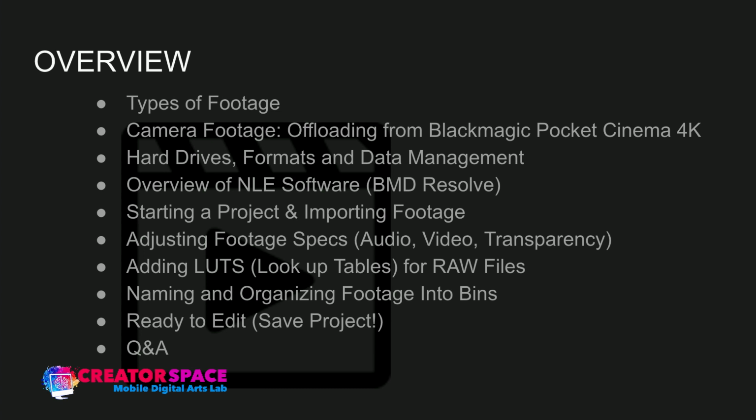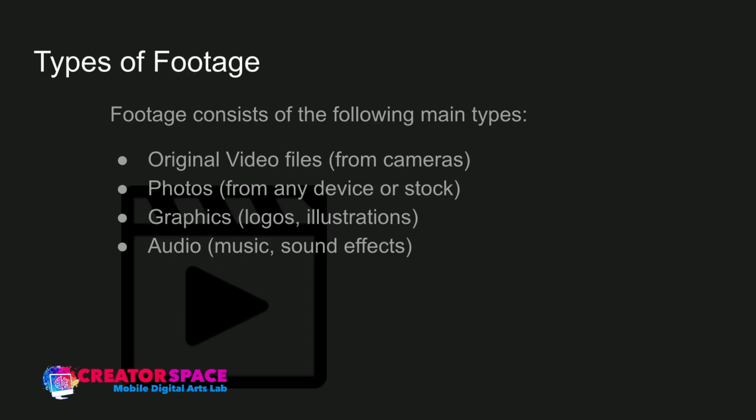So footage consists of a few things. We might have things on the camera directly. We might also have things imported from other devices, graphics and that kind of stuff, and also audio. We could be importing music, sound effects.